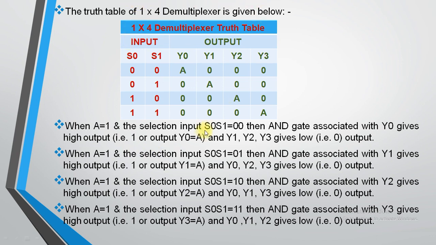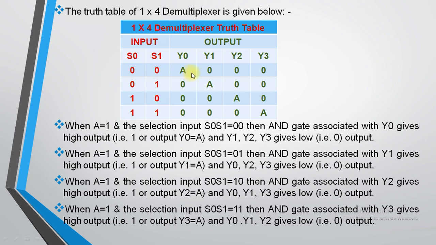Now see, from the truth table you can understand that S0 and S1 are referred to as input variables. Y0 to Y3 are referred to as output variables. Each line is activated at a time. Y0 is activated when selection lines S0 and S1 contain the value 0, 0.